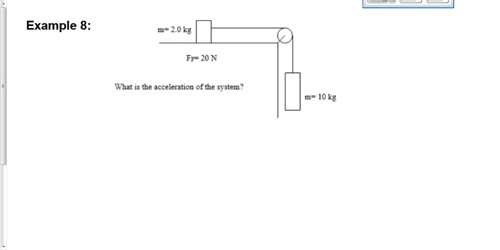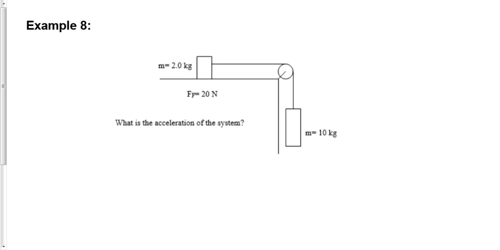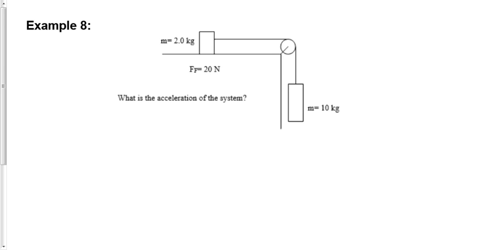Well, firstly, recognize that we have multiple forces acting on this object, right? When we have multiple forces acting on the object, draw a free body diagram. We have a force acting this way. Whoops. Let's try that again. We have a force acting this way. I'm going to call that Fg, the force of gravity acting on that object. By the way, let's number these, number 1 and 2.